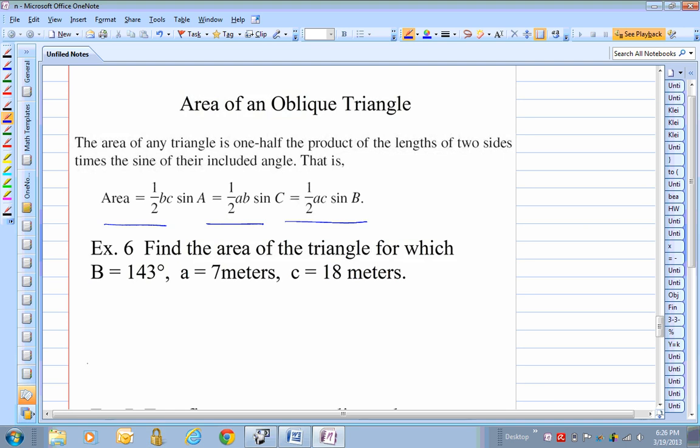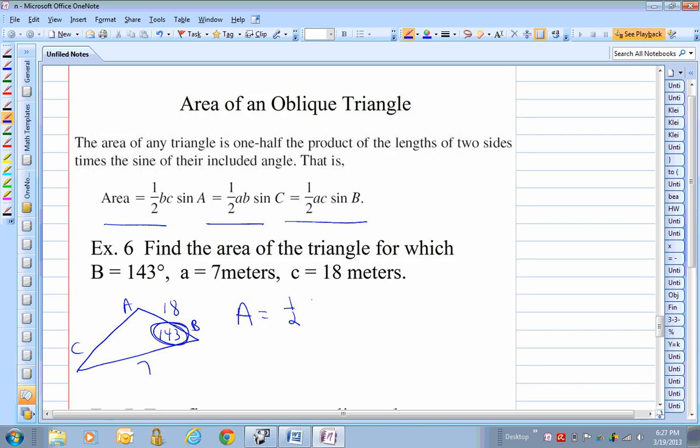So let's take a look at this picture. I'm just going to draw my normal A, B, C triangle. This says B is 143, which is obviously not this picture. Sorry about that. And this says A is 7 and C is 18. So we have the angle in between the two sides, so you can use this formula. You wouldn't use B, this would be A and C, so it would be this one right here.